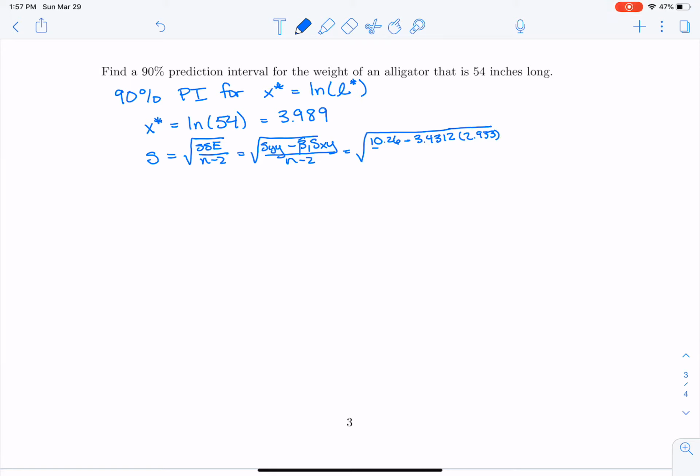Okay, we're going to divide that by 15 minus 2. And if we work that out, we actually get 0.123, and that is our sample standard deviation.